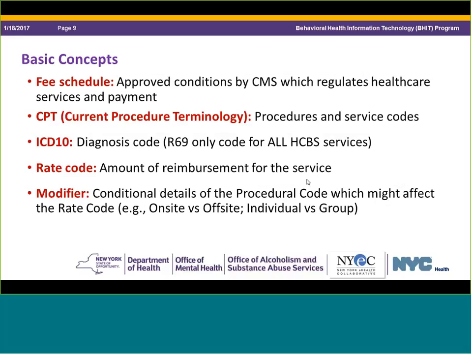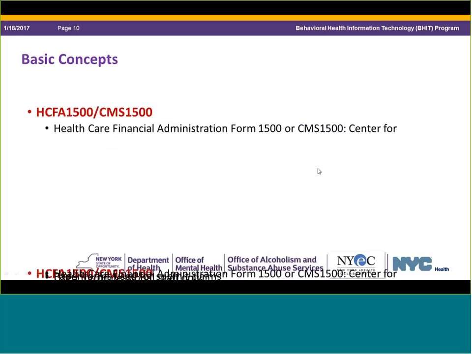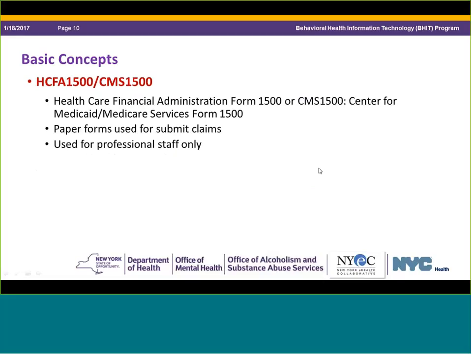Okay. So some more basic concepts. You'll be hearing about a HCFA 1500, which is what we used to call the claim form that we sent to the MCO. The new name for it is a CMS 1500. This is a paper form that was sent to the MCO for processing for reimbursement.